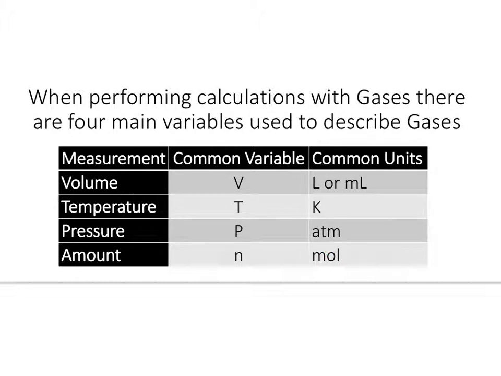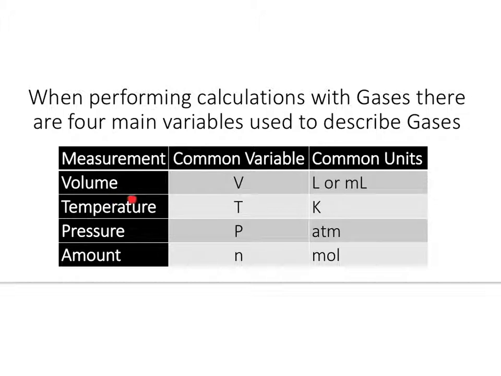Now, one of our objectives for today is to make sure that you know the three factors that affect a gas's pressure. Most of the time you talk about gases, you're caring about their pressure. Well, the three main things that are going to affect our pressure are the temperature the gas is at, the volume the gas is at, and the amount of the gas. Typically, the more volume we have, you'll find that there's less pressure.